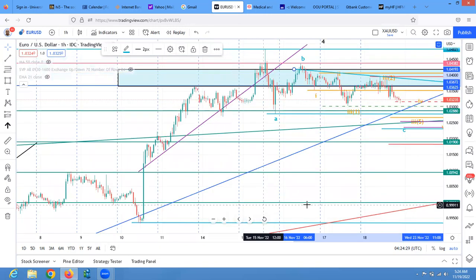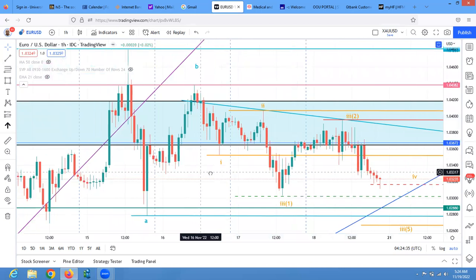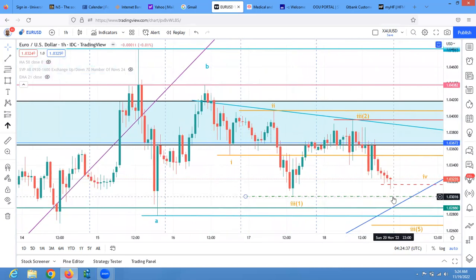Back to 1 hour, seeing some reactions. Once we break below here, then we now know that we have begun a 3-3. That 3-2 is no more on the table. We have to break this screen to say that the 3-2 is done, and we are inside of a 3-3.